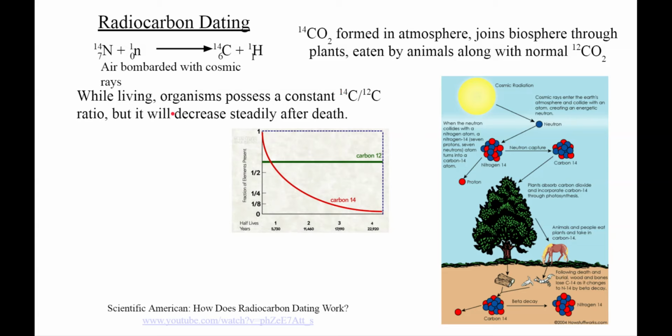However, when you die, the carbon-12 is stable, the amount stays exactly the same. But the carbon-14, being radioactive, decays. So when something is dead, they'll look at how much carbon-14 to carbon-12 is present, and the bigger that difference, the longer it has been since it was alive. It has a half-life of about 5,700 years, a little less than 6,000.